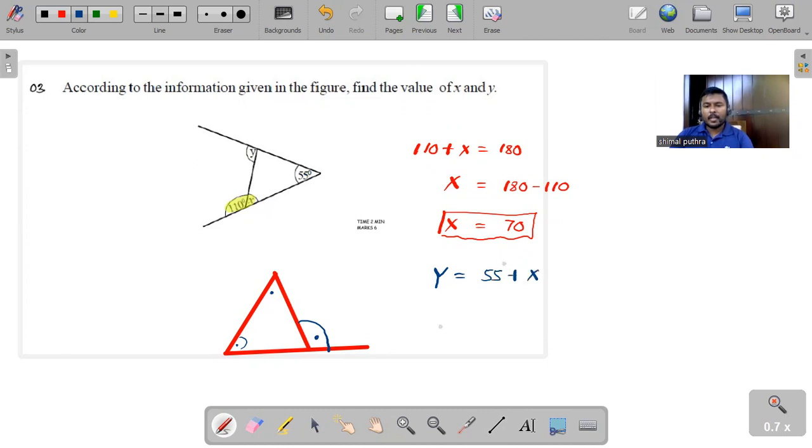We found x as 70 already. So y should be equal to 55 plus 70, which means 125. That is the method we used to get the answer. Okay. Please copy the answer and let's move to the next one.